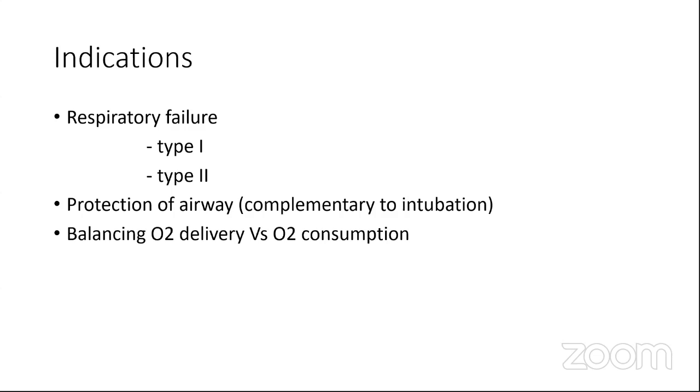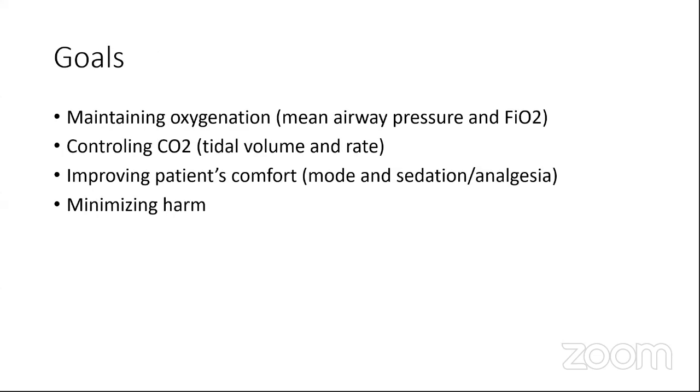If we are planning for mechanical ventilation for whatever indication, we need to set goals like any intervention. So the two obvious goals are maintaining oxygenation and controlling the CO2 elimination. And you can maintain oxygenation by manipulating the FiO2, which is the concentration of oxygen you deliver during mechanical ventilation, and or the mean airway pressure.